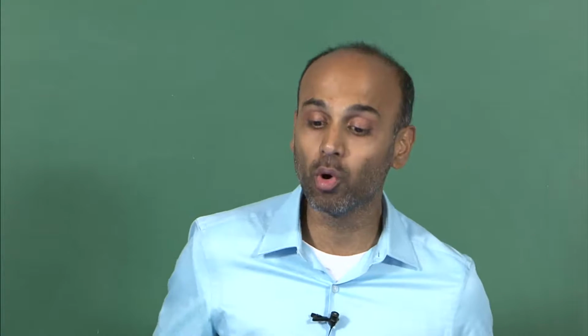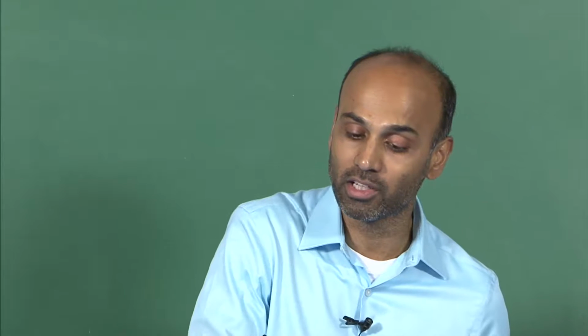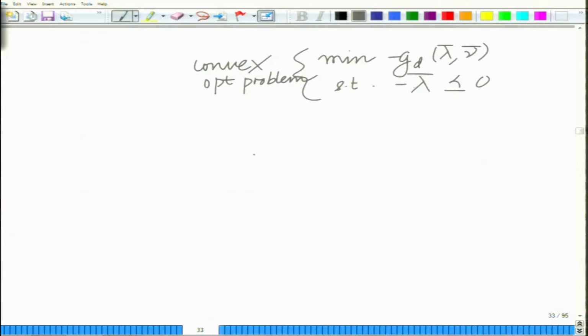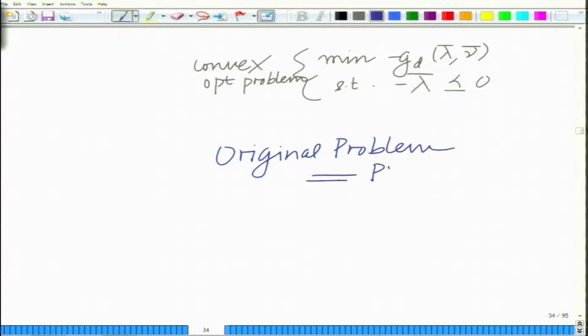This is known as the dual problem, where you are optimizing the Lagrange dual function. The original problem is termed the primal problem: primal and dual.